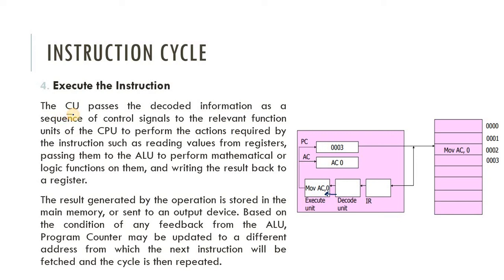Based on the operation, the control unit sends the sequence of signals to the CPU, and it performs the relevant task. After executing the task, the result is generated and stored in the main memory, and after storing the result in the main memory, the result is displayed on the output devices. So this is how the instruction is executed.